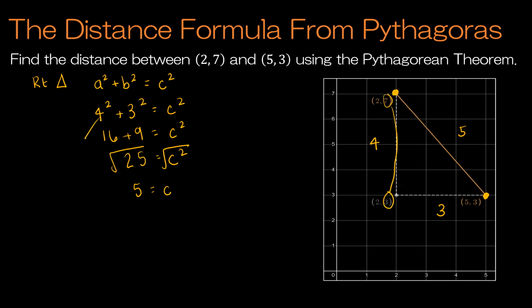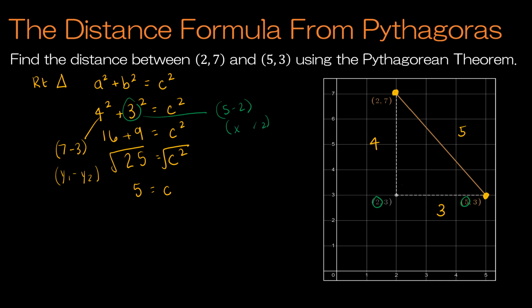So 4 was 7 minus 3, which was essentially the y value minus the y value. And if I wanted to find 3, I basically took 5 minus 2. So 3 was 5 minus 2, which was just subtracting the x values.